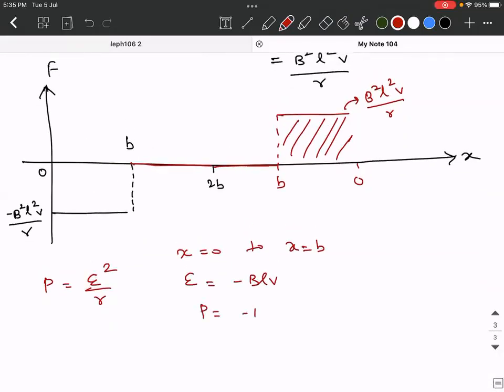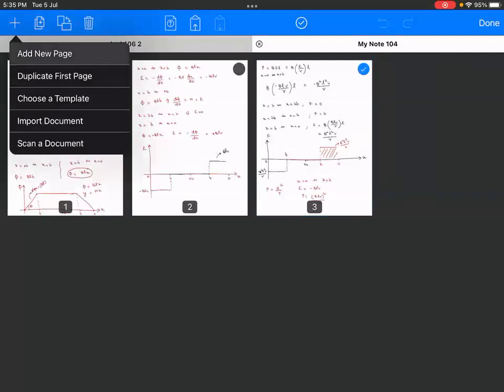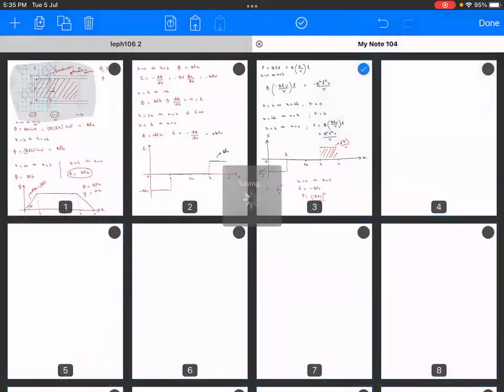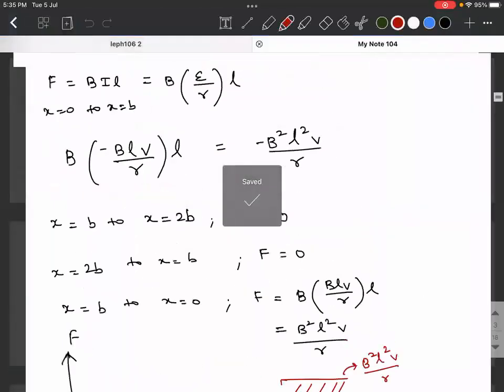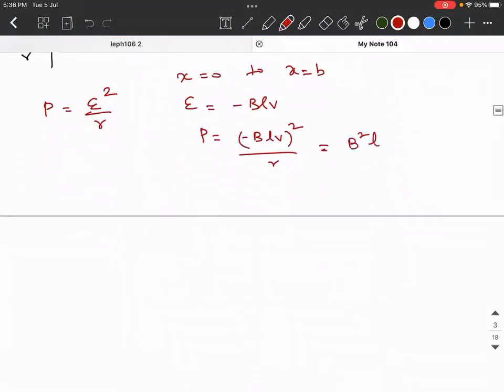So power will be equal to minus BLV the whole square divided by r. So this will be b square L square v square divided by r.